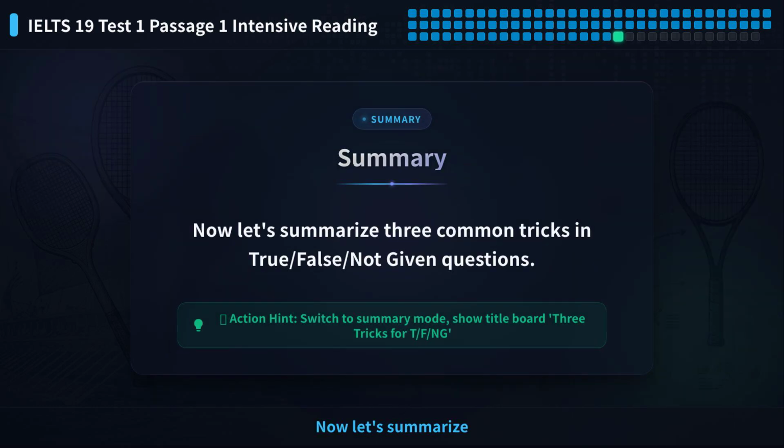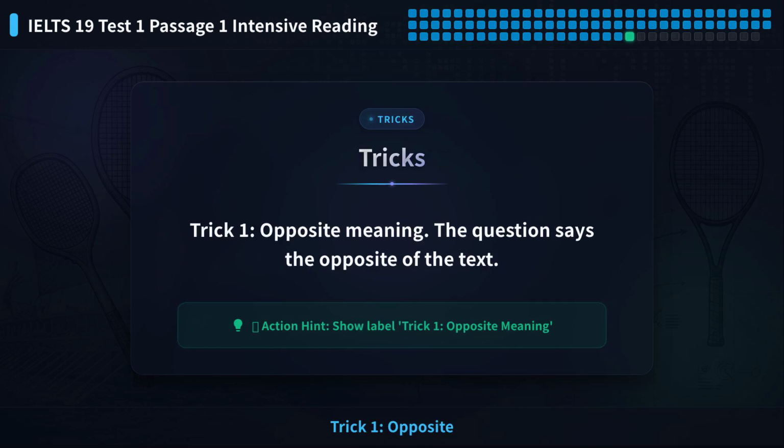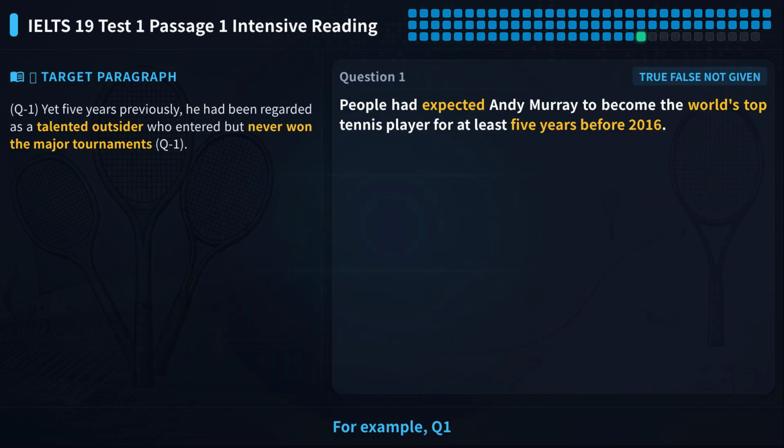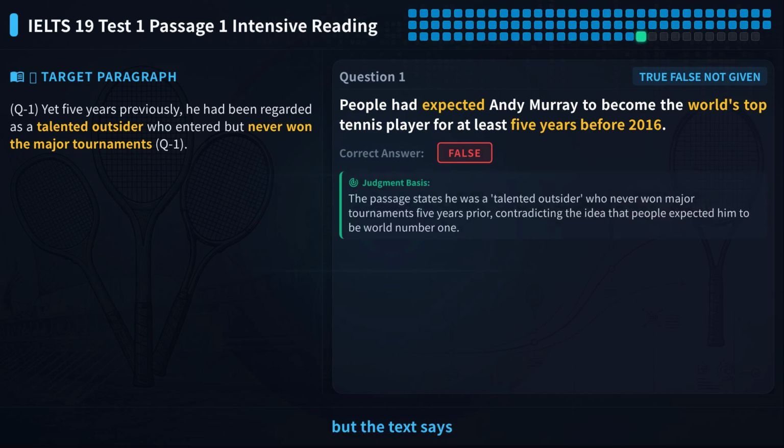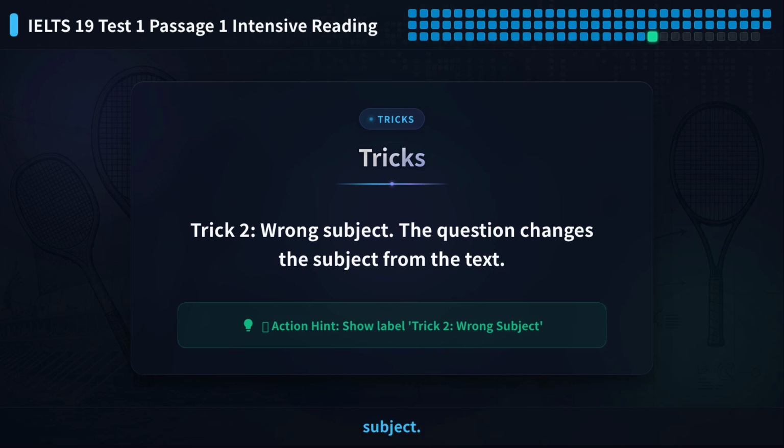Now let's summarize 3 common tricks in true-false not given questions. Trick 1, opposite meaning. The question says the opposite of the text. For example, Q1 and Q4, the question says bad weather, but the text says good climatic conditions. Trick 2, wrong subject. The question changes the subject from the text.